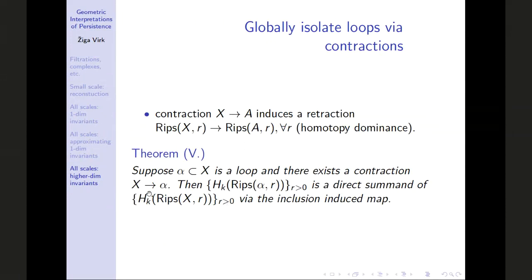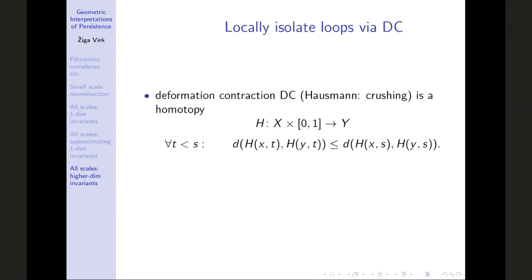So that means that those three-dimensional spheres actually appear there as long as we have a contraction onto those loops. And the other thing is, well, the problem with contraction is that you kind of have to map the whole space. If you want to map something locally or do some kind of condition on a neighborhood, you need to have a different kind of thing.